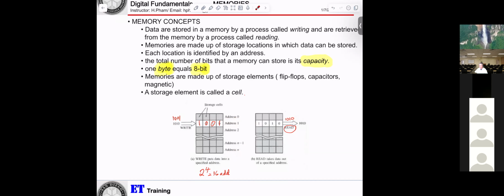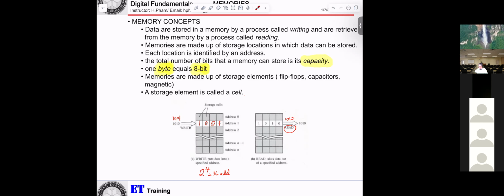Okay, when you want to write the data 1001 to this location, after you write, the data will be 1001. That's what we're talking about. Process to write the data to the memory.